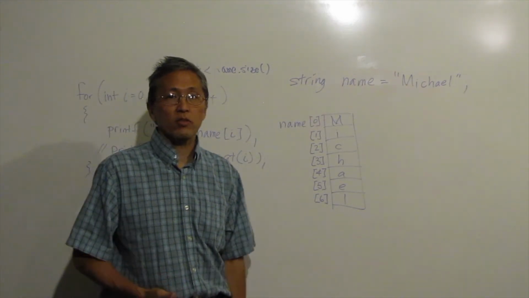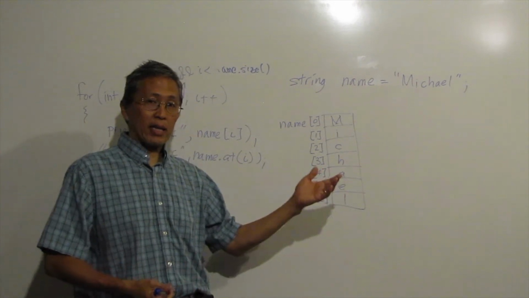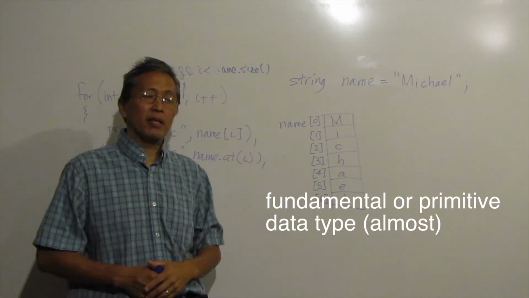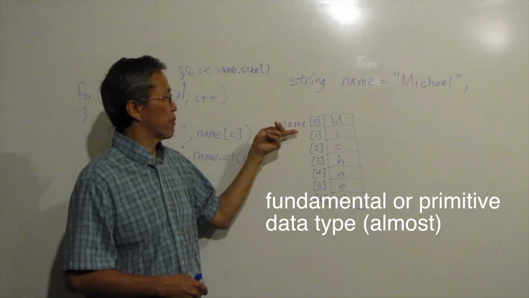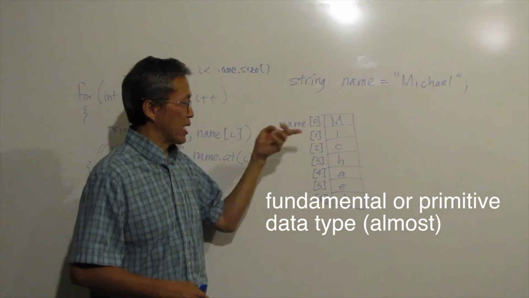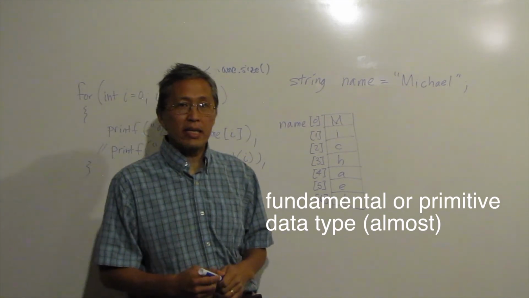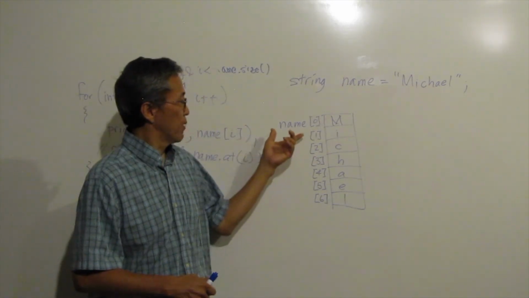And that's really what strings are. They're more complicated than that, of course, but that's really how we think about them. Kind of sort of a fundamental data type, but remember, there are a bunch of characters with the same name, differentiated by their index in that string.